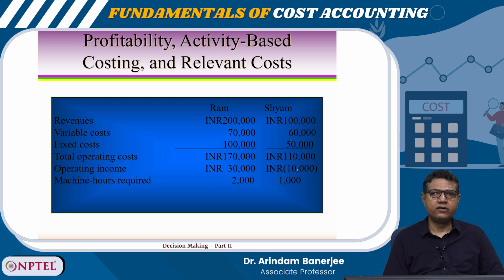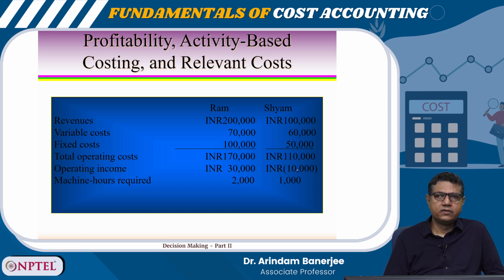Variable cost is 70,000 and 60,000. Fixed cost is 1 lakh and 50,000. Total operating cost is 1 lakh 70,000 and 1 lakh 10,000. Operating income is 30,000, and you see Sham is incurring a loss.